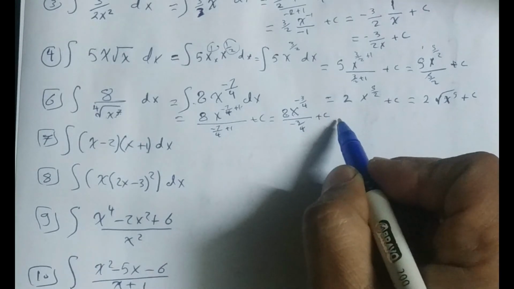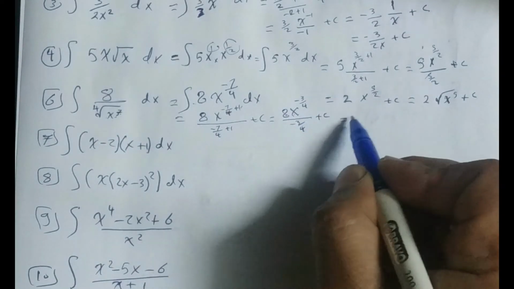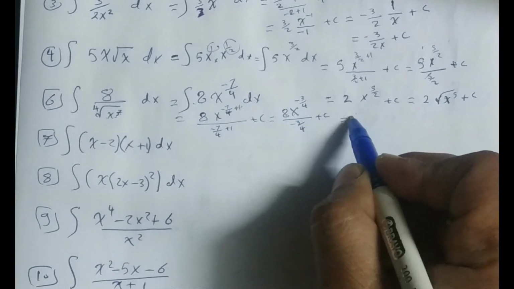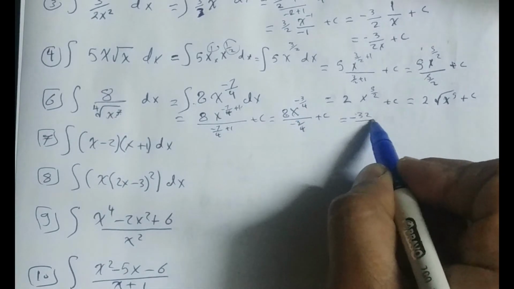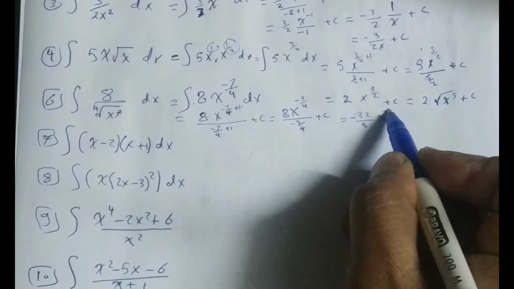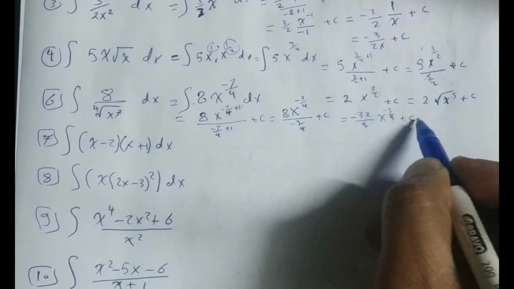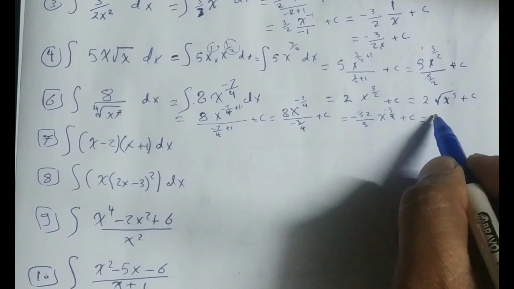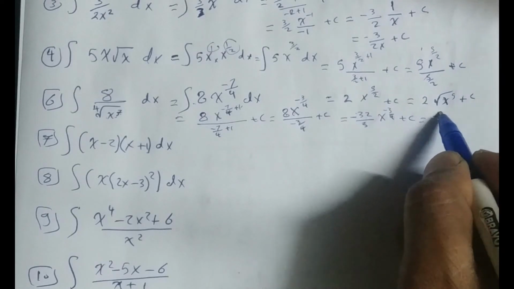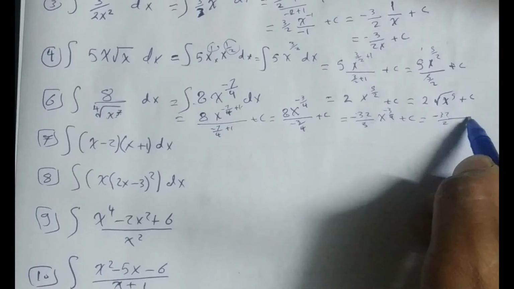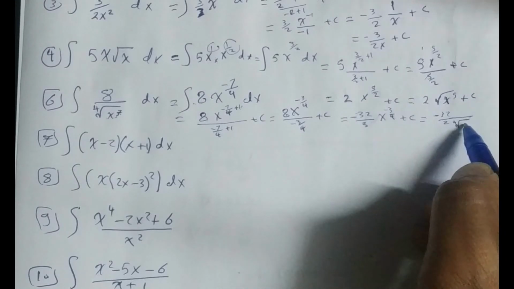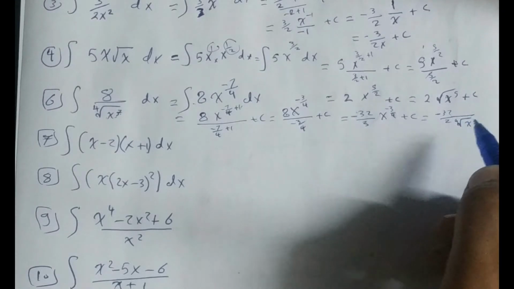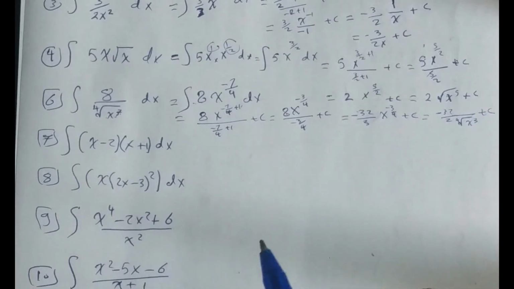We can write it as 8 multiplied by negative 4 over 3, negative 32 over 3 x to the power negative 3 over 4, plus constant, and we can put it back to the root, like negative 32 over 3 times the fourth root of x cubed in the denominator, of course plus constant.